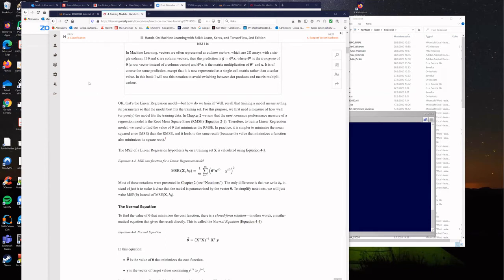Transposition changes the column vector into a row, and the reason for this is that when you multiply row and column vectors, you get a single number as a result. That is much easier to use in the analysis, because you have only one number as a result.